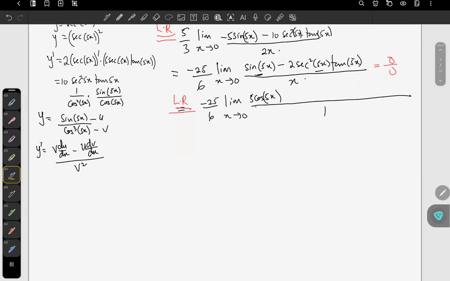So this is equal to v is cos cubed 5x and du/dx. So if u is equal to sine 5x, du/dx is equal to 5 cos 5x.